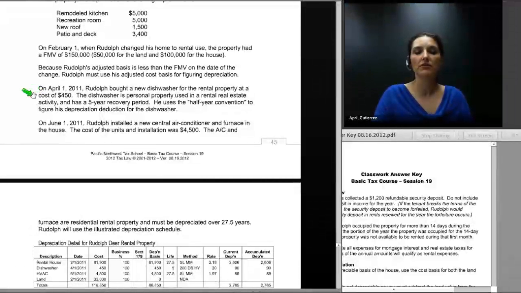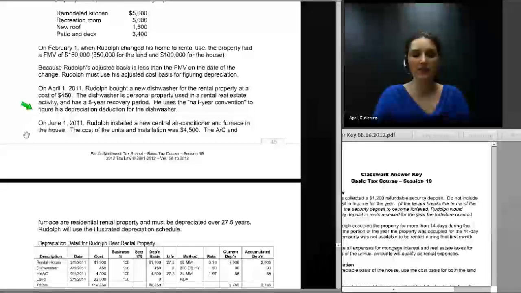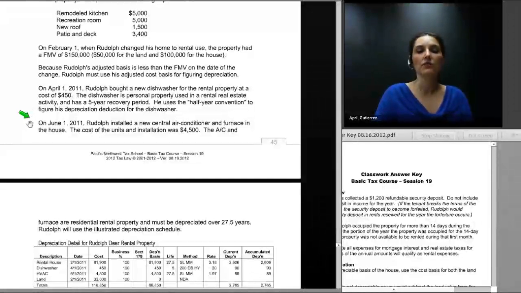The dishwasher is personal use property used in a real estate activity and has a 5-year recovery period. He uses the half-year convention to figure his depreciation deduction for the dishwasher. We're not going to have you claim bonus on that dishwasher. We're just going to have you claim 5-year depreciation. On June 1, 2011, Rudolph also installed a new central air conditioner and furnace into the house.